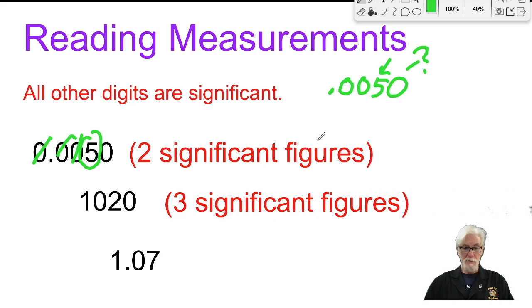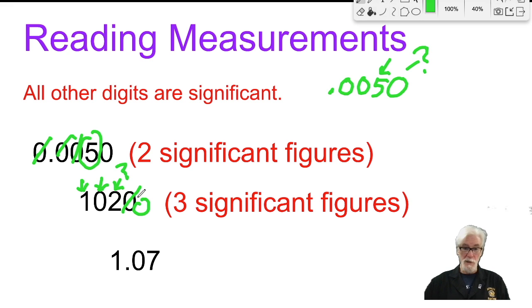This next one has got 3 significant figures. This last 0 is not a significant digit. It comes to the right of a non-zero digit, but to the left of an implied decimal point. So there's a decimal point that could be there, but it's not written there for a reason. And that's because the measurer who's telling us this information wants us to know that they know the thousands place for sure, they know the hundreds place for sure, and their variability, that decimal that they have to estimate, comes at the tens place.